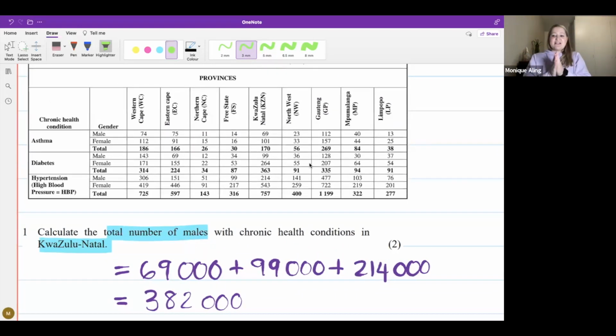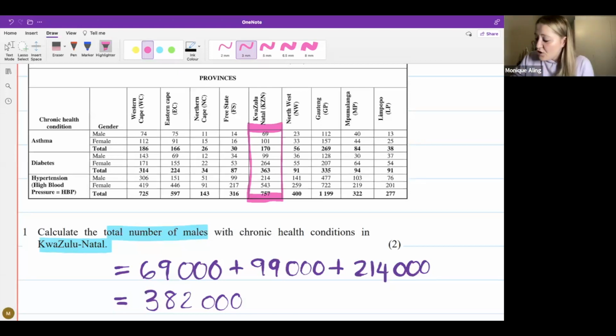So for those of you I see in the chat asking, how do we work it out? They've asked, what is the chance? So let's say you see all these people in KZN and you are going to randomly pick one. What is the chance that that person is going to be a female with diabetes? That's including everyone with asthma, everyone with diabetes, everyone with hypertension. So you first need to work out how many people in KZN have these medical conditions.